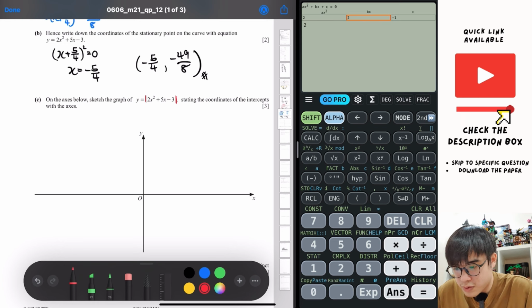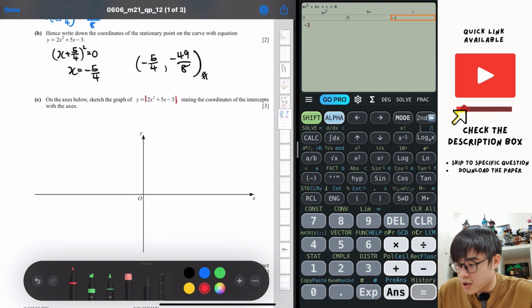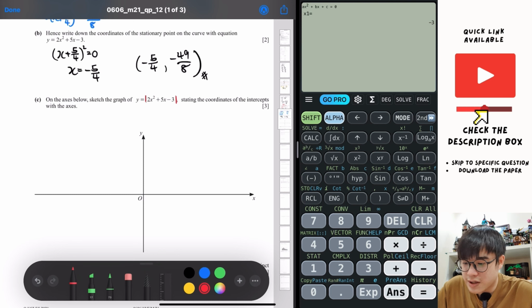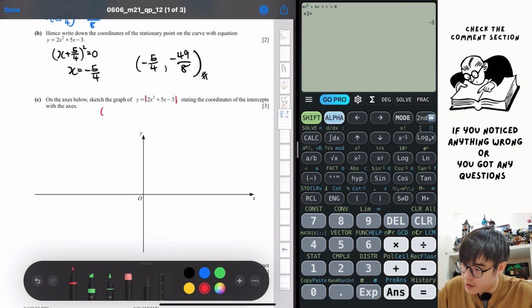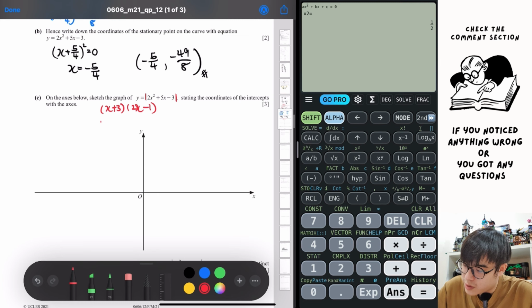This one is 2. Okay, the next one should be 5. And the last one should be -3. So with this, you can factorize them as x plus 3 as well as 2x minus 1. So that's how you get to know that they intersect at these two points.